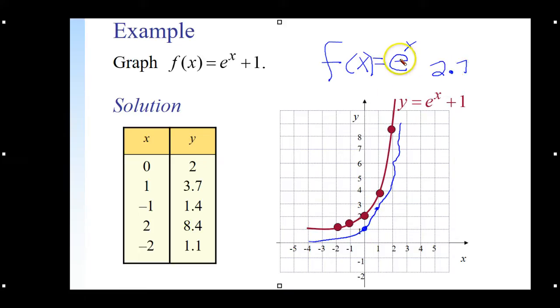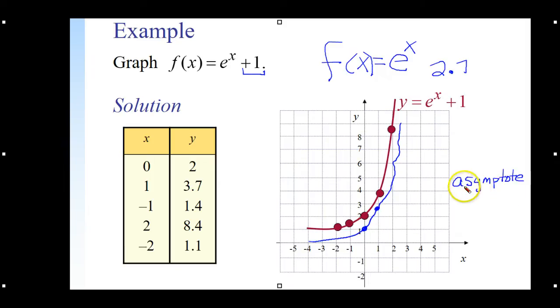If this is 2.7 to the first power, it's right about there. So what happens when we put a plus 1 in there? It shifts it up 1 unit, up the y-axis 1 unit.